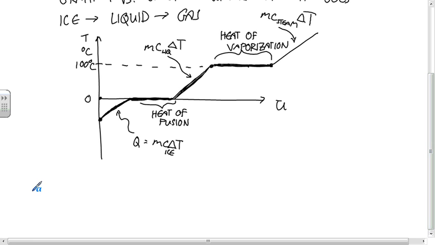The heat of fusion and the heat of vaporization are called latent heats.